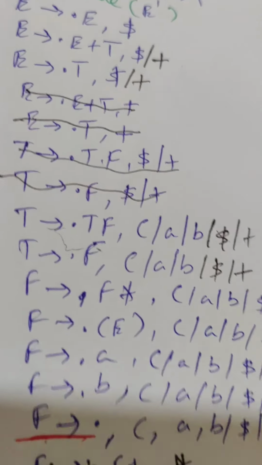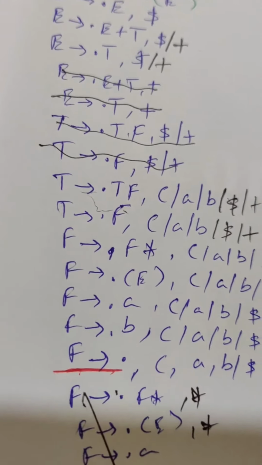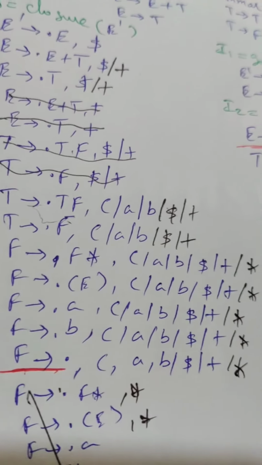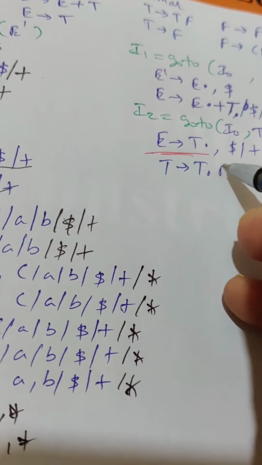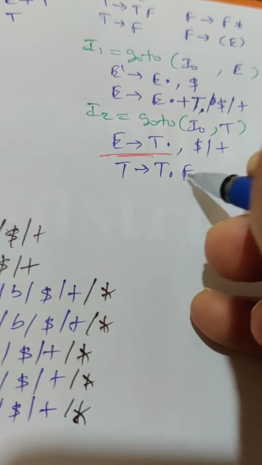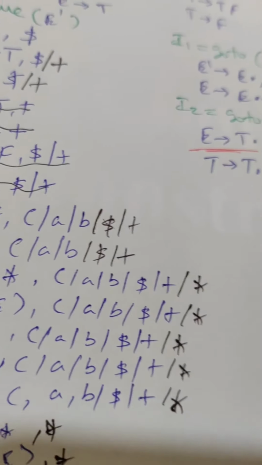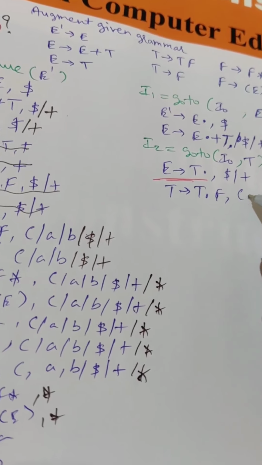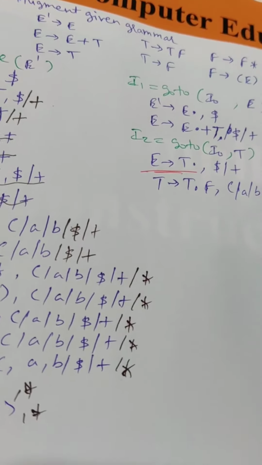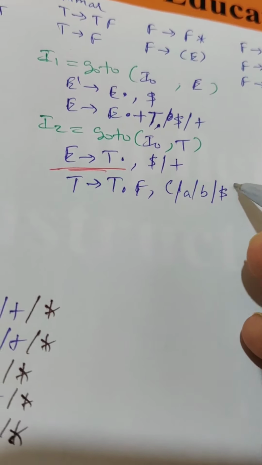So it's going to be T goes to T dot F, and the lookahead can be all this: opening bracket, A or B, dollar or plus.